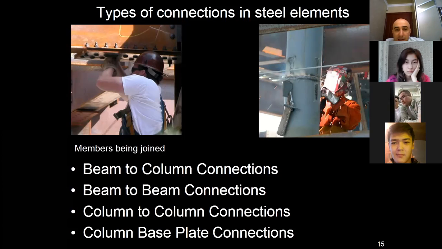So in fact, consideration of connecting columns and beams should be one of the primary considerations when designing steel connections. And of course, they are divided into common configurations, like you see on the slide.